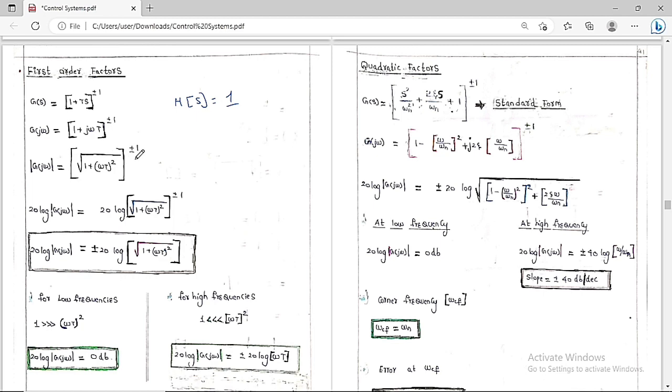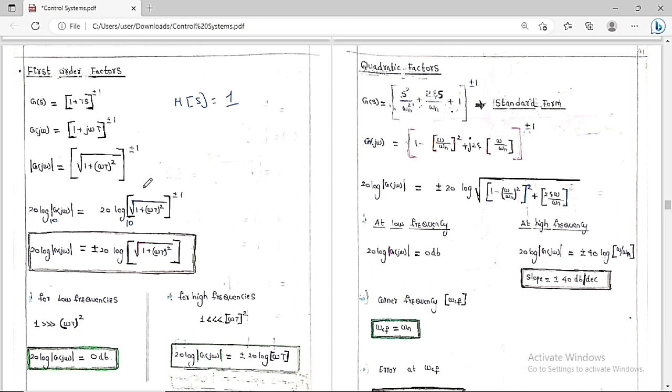Then what is the 20 log of mod of G(j omega)H(j omega) with base 10? You want to know this value. Substituting the mod value, we are going to get 20 log of the square root of (1 plus omega T whole square) over the power of plus or minus 1 with base 10.